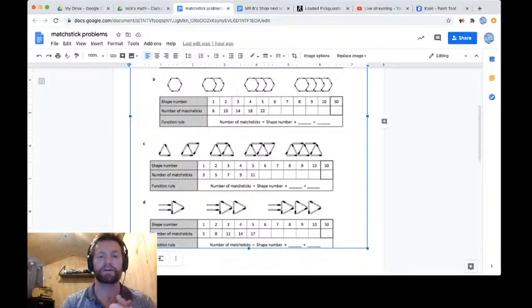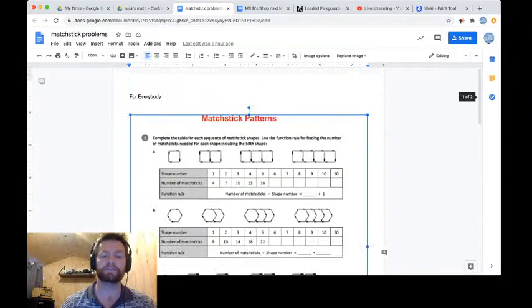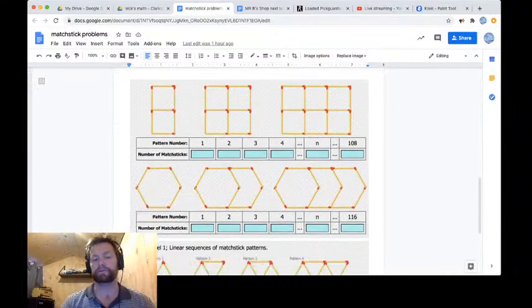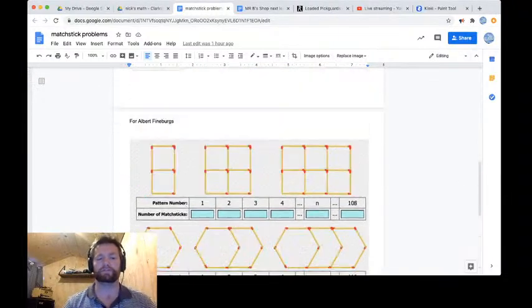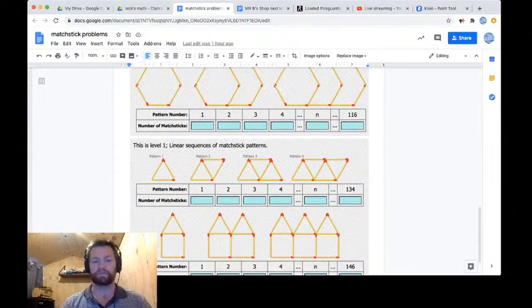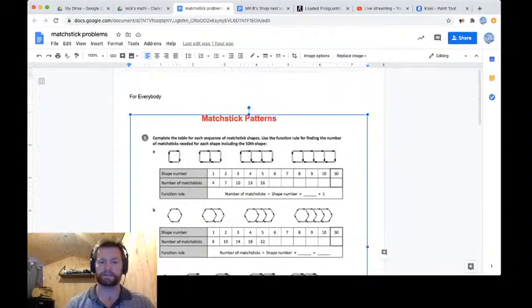I'm not going to carry on because I'd just literally be doing the worksheet for you. So everybody has to do those first ones. For the Albert Feinbergs, you've also got the coloured ones as well. Same system. Write out how much each one has, and figure out the pattern, guys. That's how you answer these things.